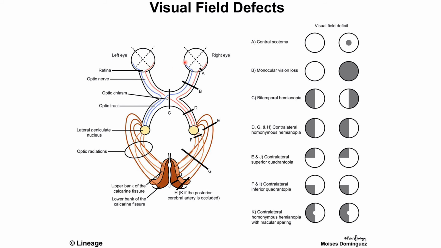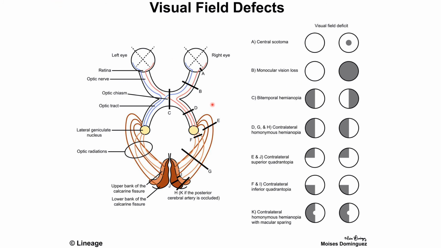They lose information from here and from here. And remember, the visual field is the opposite to the retina. So they would lose information from the temporal visual field on both eyes, seen here as bitemporal hemianopia.